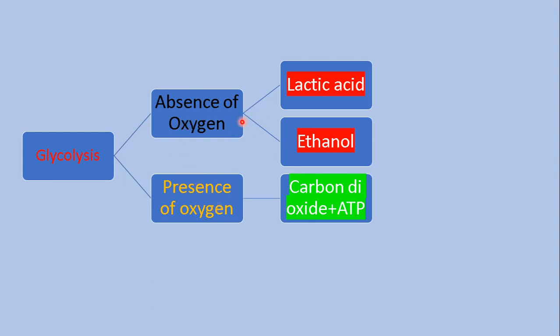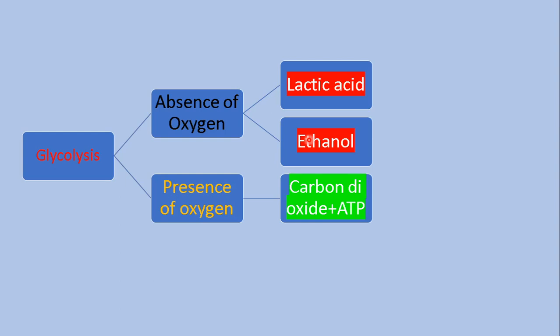If there is an absence of oxygen, then the yield will be either lactic acid or ethanol. It will depend upon which type of enzyme is present and where the reaction is taking place, that means which type of organism the cell belongs to.